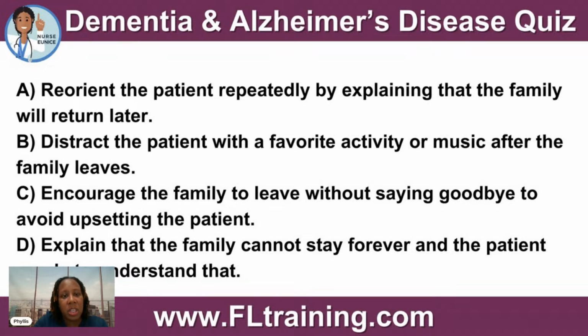B, distract the patient with a favorite activity or music after the family leaves? C, encourage the family to leave without saying goodbye to avoid upsetting the patient? D, explain that the family cannot stay forever and the patient will understand that?